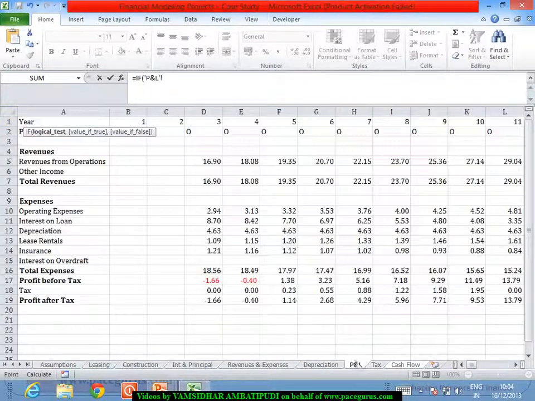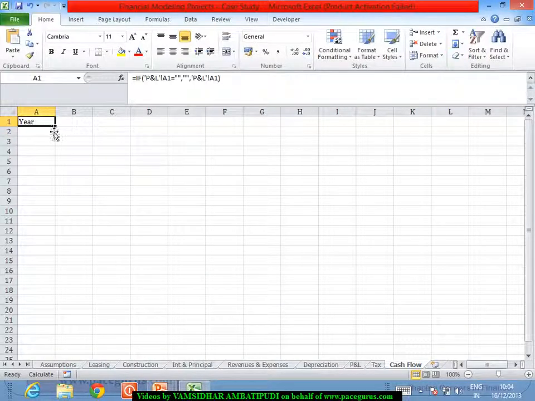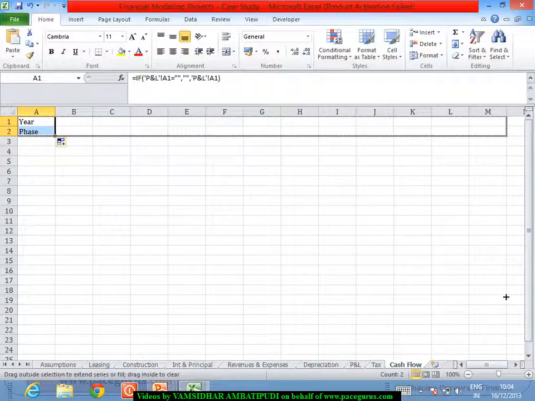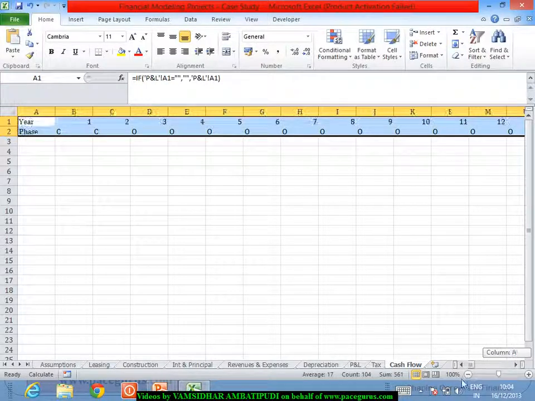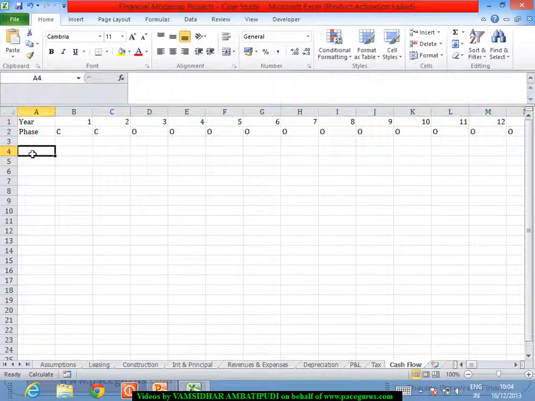The first part I'll keep the same: if this is equal to blank, I will keep it as blank, otherwise I'll populate it with the value. The same logic across, dragging it up to AZ. So this part is the same.